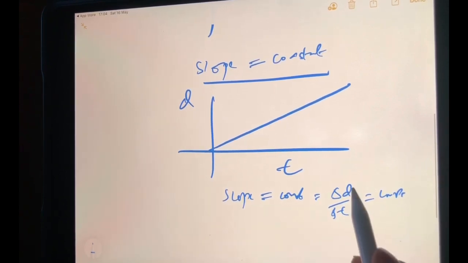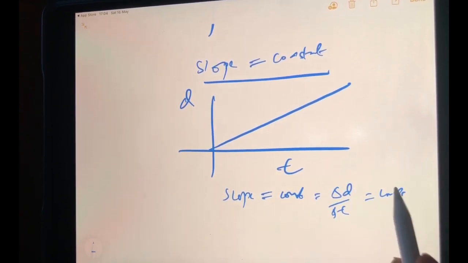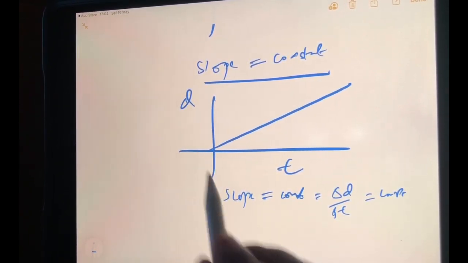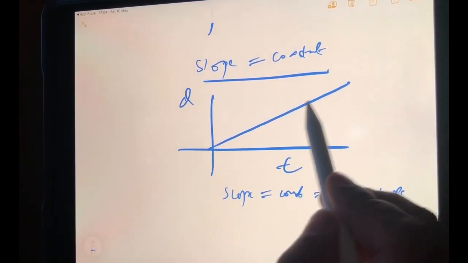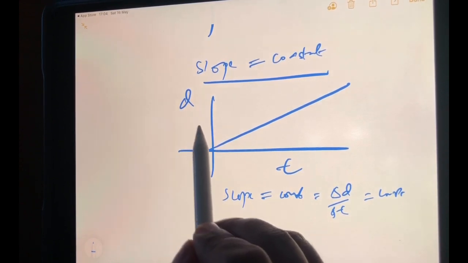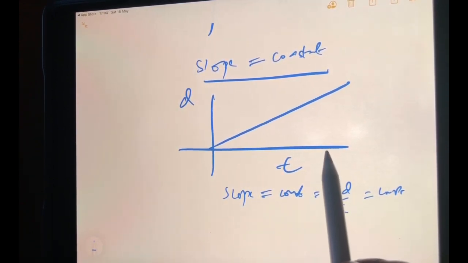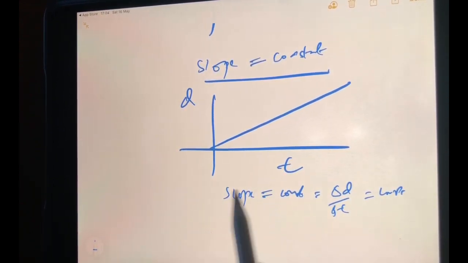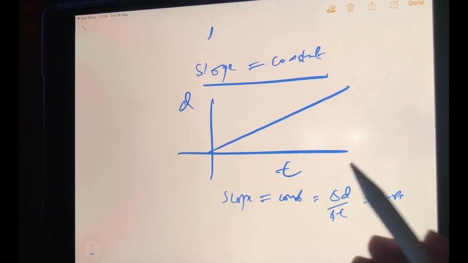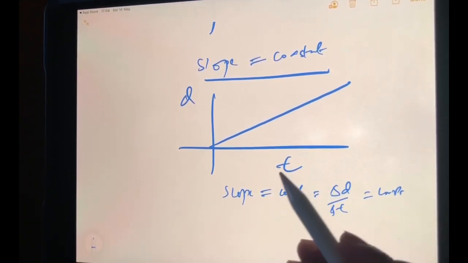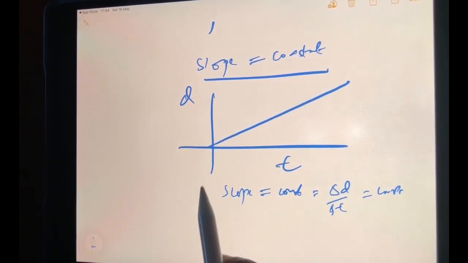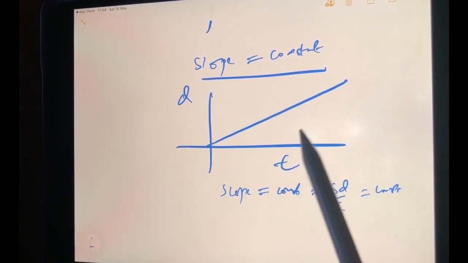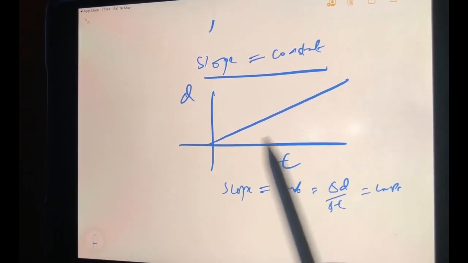But we know that change in distance by change in time is actually the velocity, or rather the speed. So a straight line graph with displacement on the y-axis and time on the x-axis represents motion with constant speed. Now in the next instance, we will try a type of graph in which the relationship between d and t is slightly more complicated, that is, not a straight line but something else.